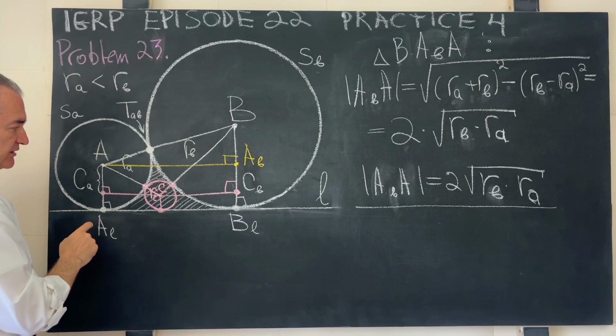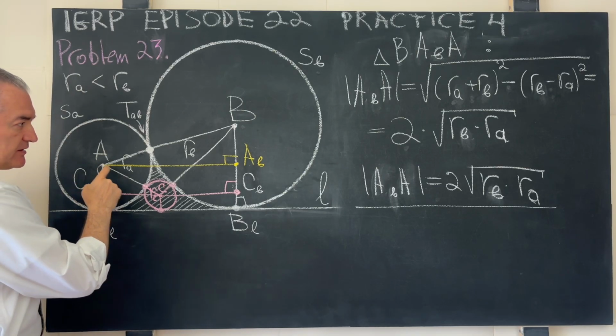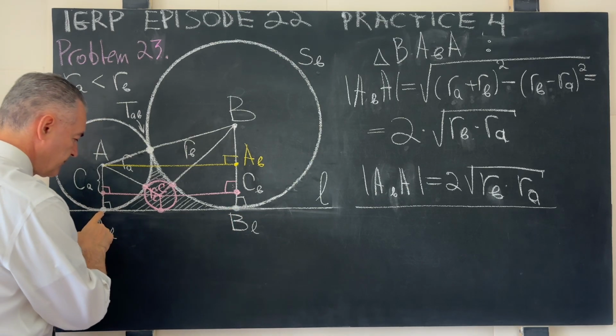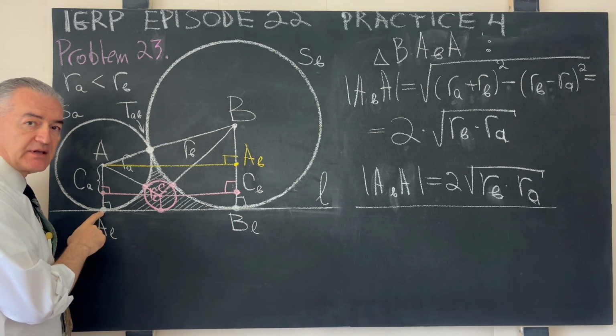And now we can use the fact that the shape A, AB, BL, and AL is a rectangle.